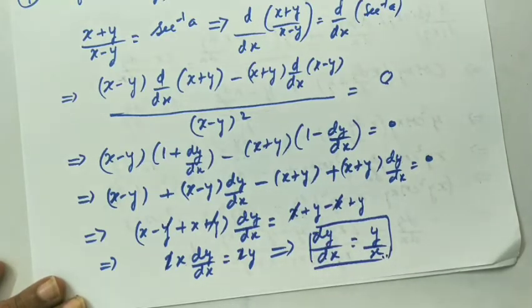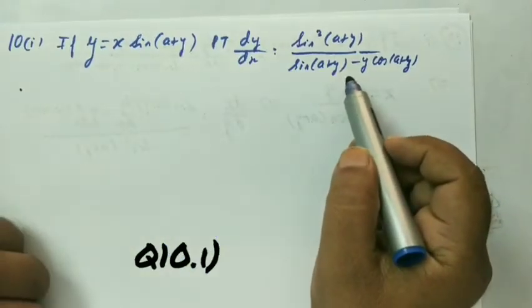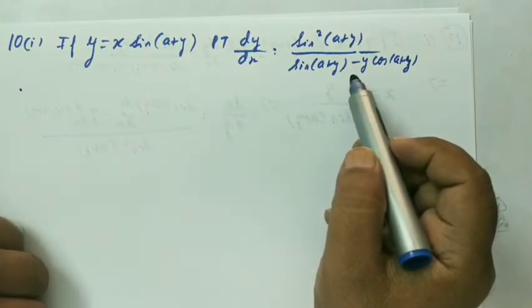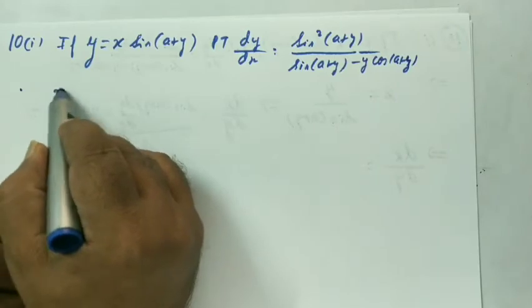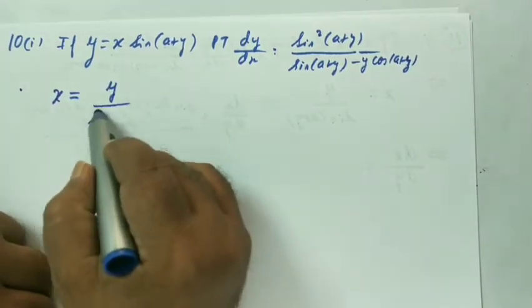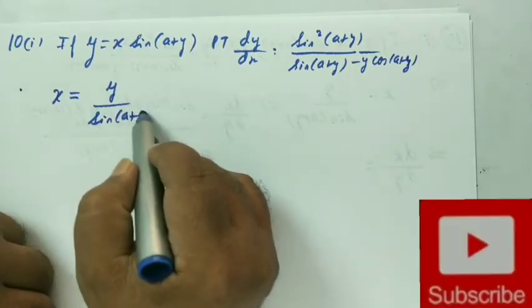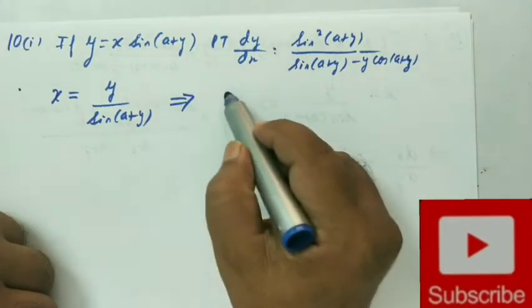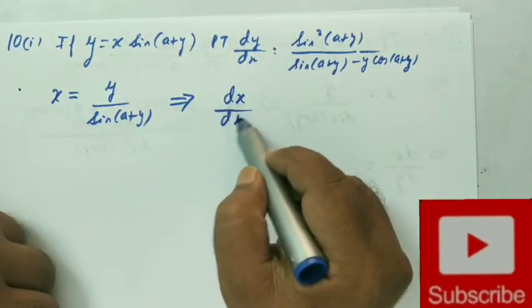It's proved. Since on the right side you have only y, we are going to make x the subject of the formula and differentiate with respect to y. x is equal to y by sine a plus y. And then I'm going to differentiate with respect to y.